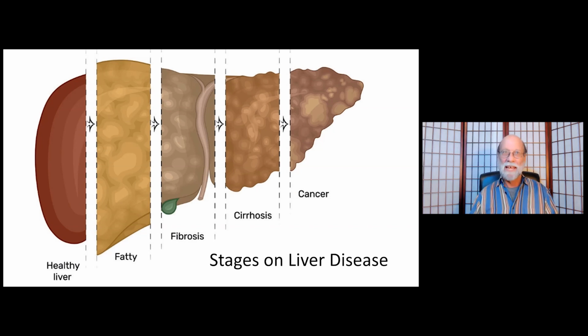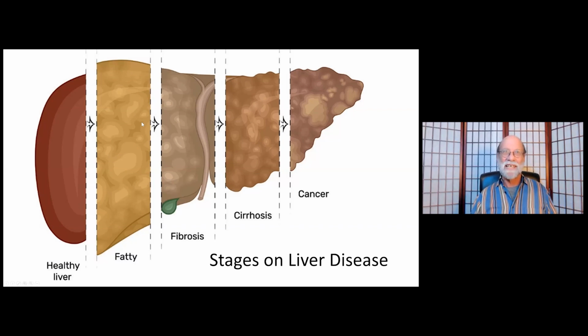But in many ways, the idea is that liver disease is progressing from healthy liver to fatty liver to fibrosis to cirrhosis, and then on to cancer. Not everybody who develops fatty liver is going to progress all the way to cancer. In fact, it's a vast minority that do.